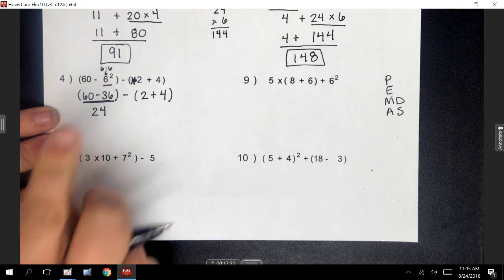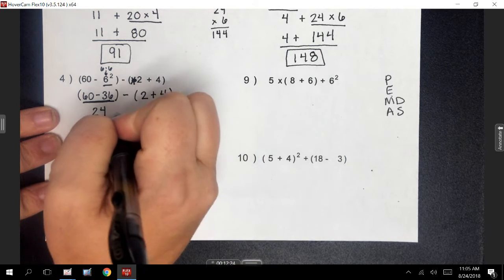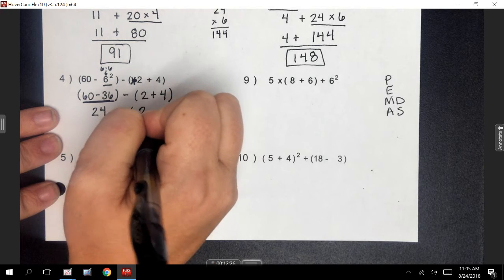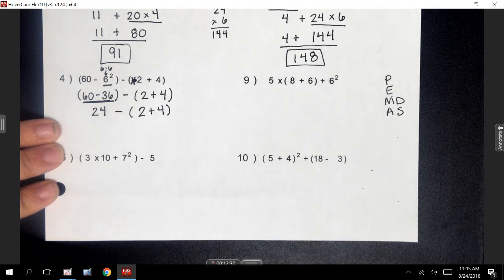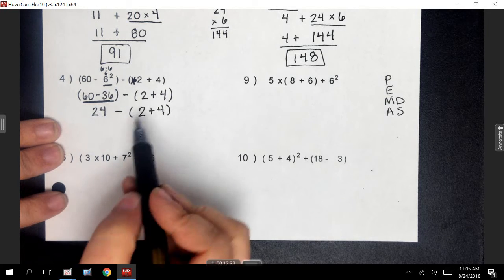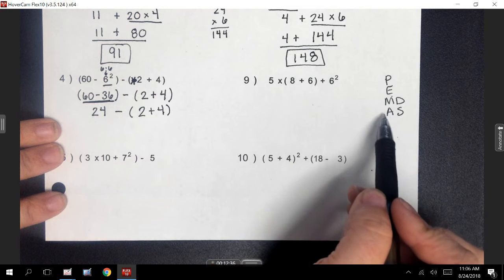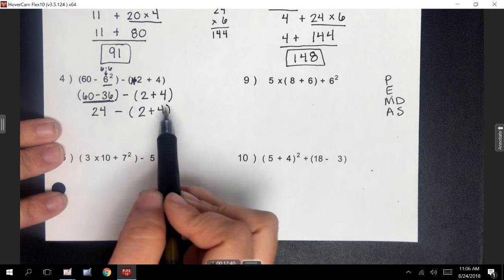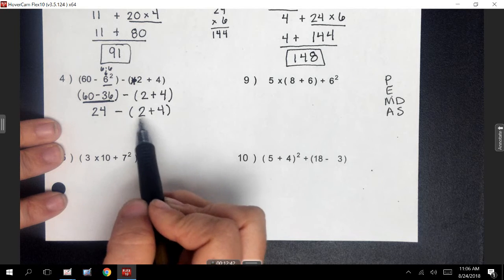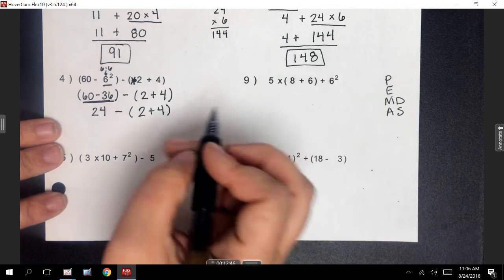All right, that was the only thing, so now I don't need the parentheses anymore. Minus, I still have 2 plus 4 inside the parentheses. Okay. Now these parentheses are really important. Remember, just because it says A first doesn't mean we would add first. If they weren't there, we would do the subtraction and then the addition. But since this has parentheses around it, it moves up to the top of the list.